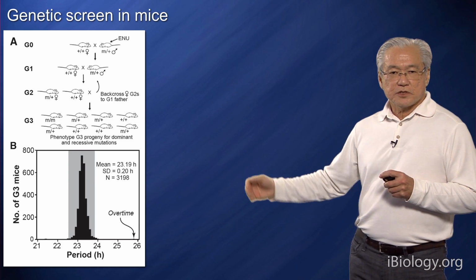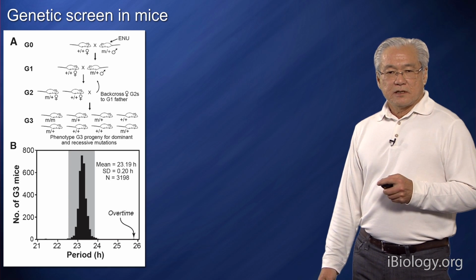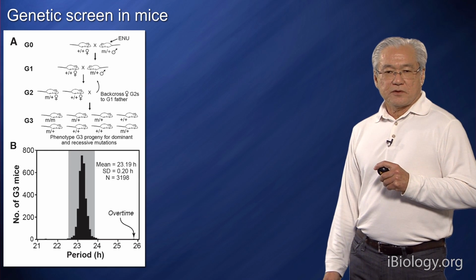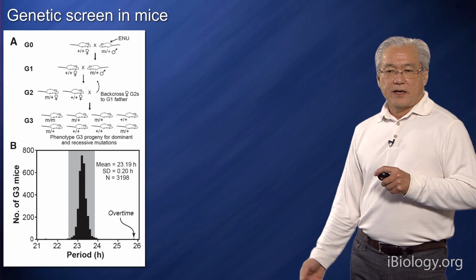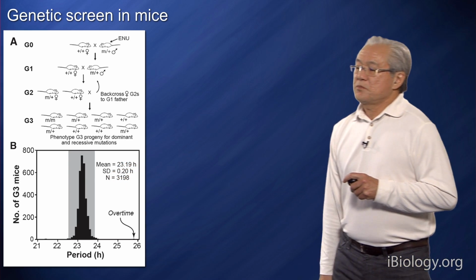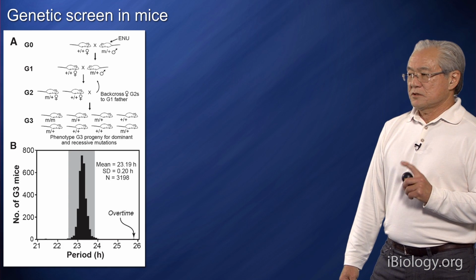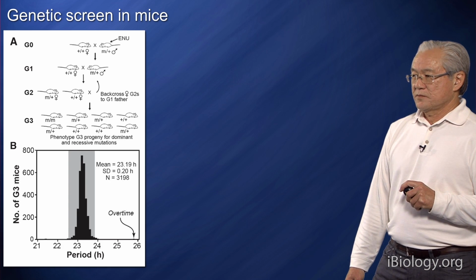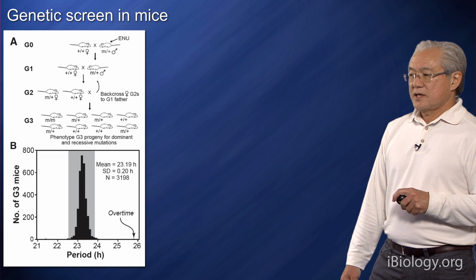shown here where we use circadian rhythms, this particular screen we screened over 3,200 mice. And this histogram here shows you the distribution of period values, similar to what I discussed in the first lecture, for these 3,000 mice.